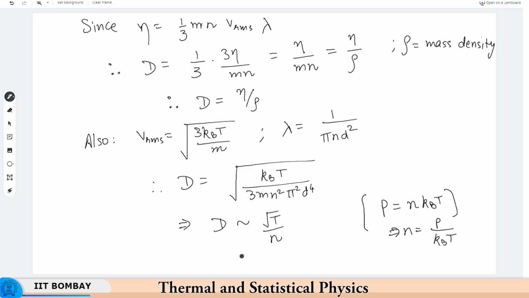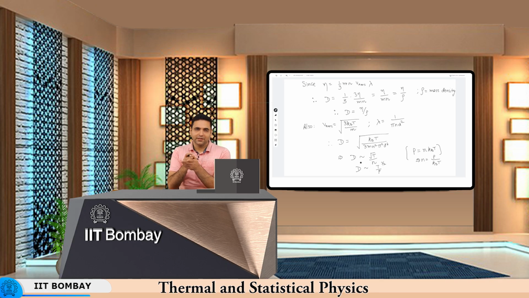If we just plug that here, we can see that this is nothing but T raised to the power 3 by 2 divided by P. So from this calculation we expect the diffusion coefficient to scale with the 1.5th power of temperature, and it should be inversely proportional to the pressure of the gas.